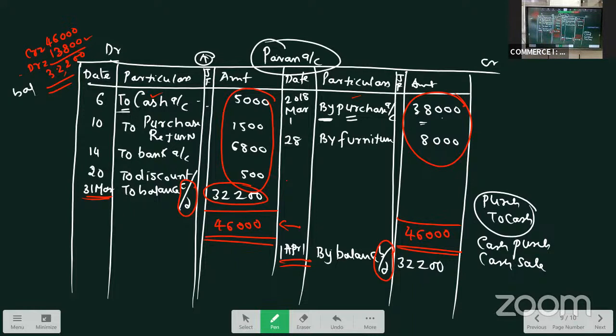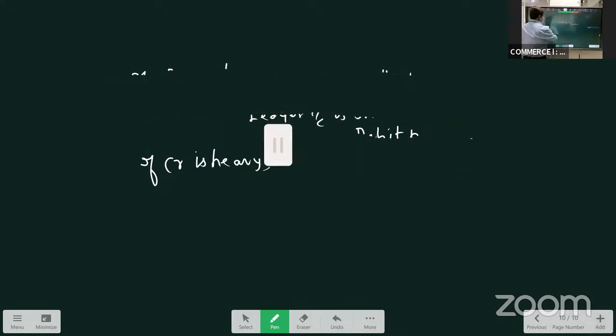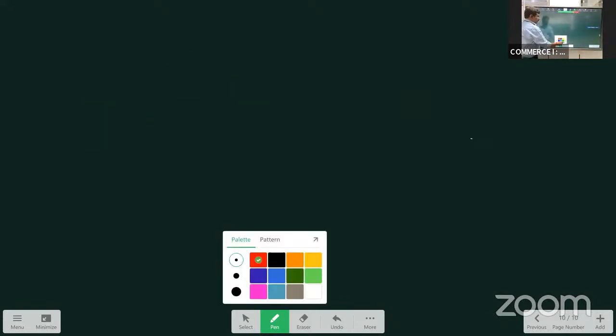Page number 66, question number 11. Prepare Sudha account. In this case, our party, our customer or supplier, is who?